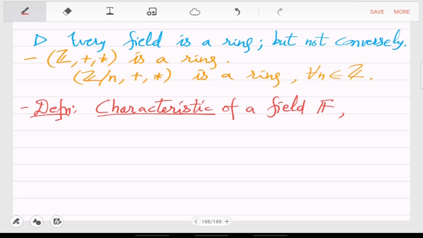So this is the smallest number n such that if you add 1 that many times, then it vanishes.